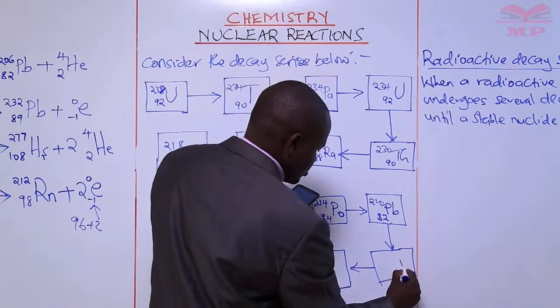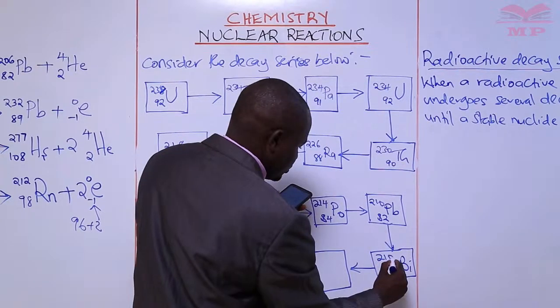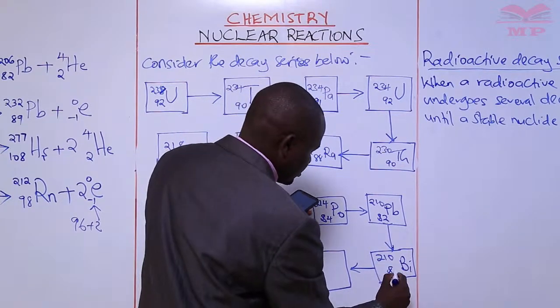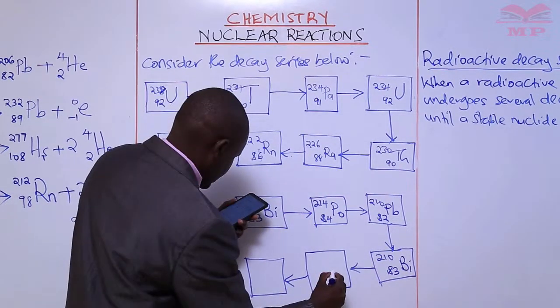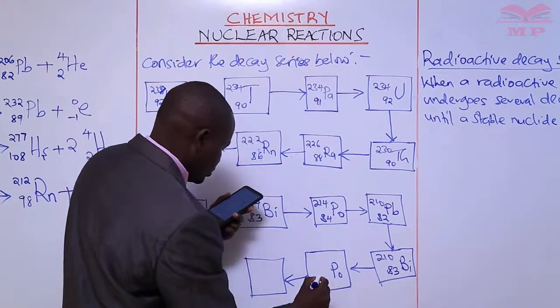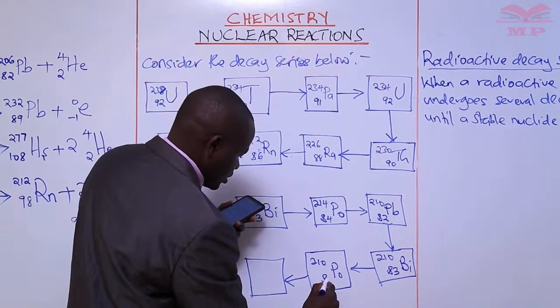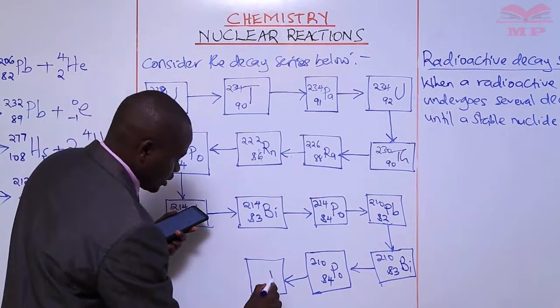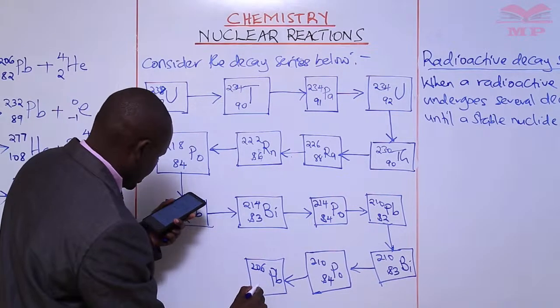Further decay, produce Bi, that is bismuth, atomic number 83, mass number 210. Further decay to produce 210, atomic number 84. Lastly, lead, mass number 206, atomic number 82.